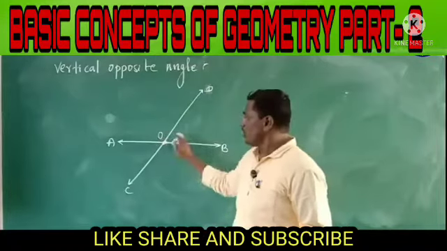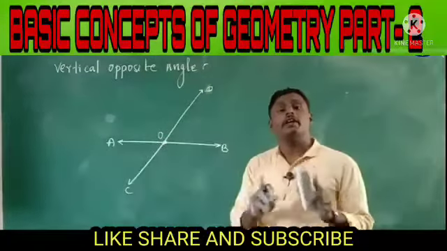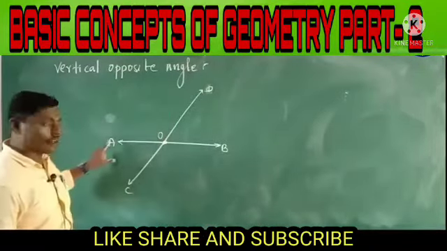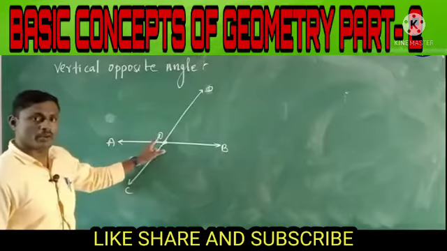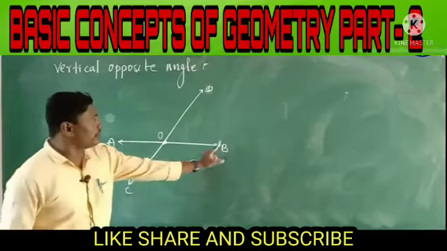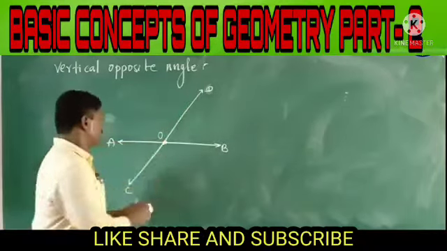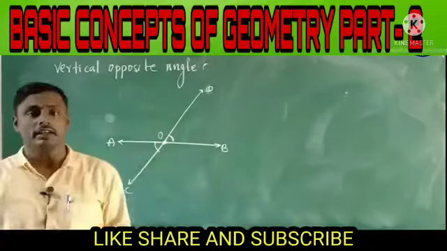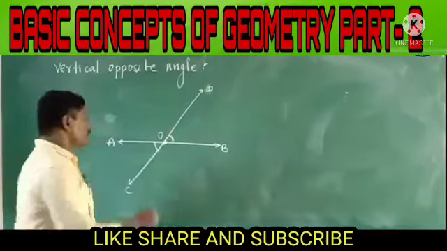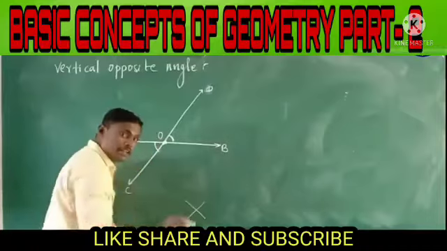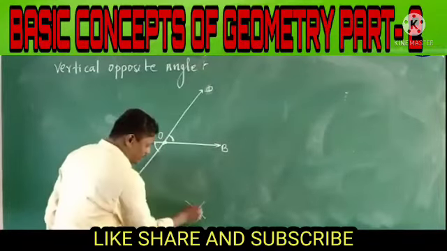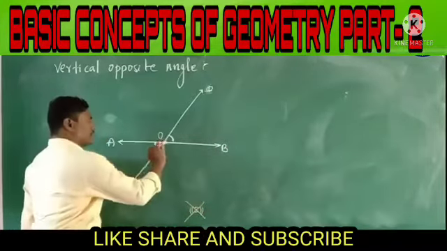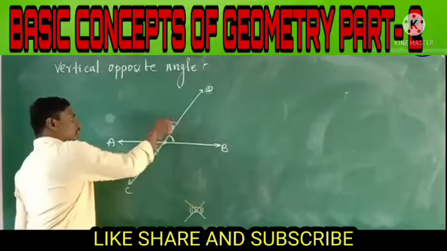When these two lines intersect at one common point, it forms the vertically opposite angles. So here angle AOC and angle BOD, these two are vertically opposite angles. By intersecting two lines, we get two pairs of vertically opposite angles. This is the first pair and this one is the second pair.